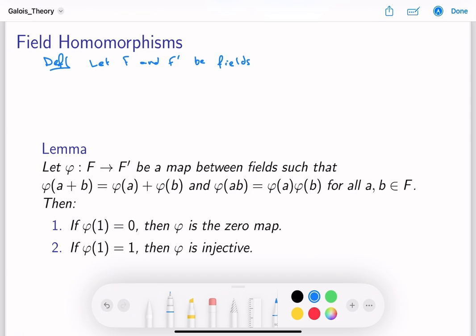I remind you what fields are: just rings, plus we require that F with the multiplication, if we take away 0 from it, is an abelian group, meaning multiplication is commutative and every element has a multiplicative inverse. This definition we went over last time. You can refer to my previous video to see more details.